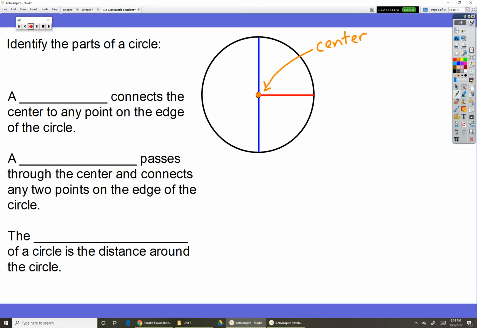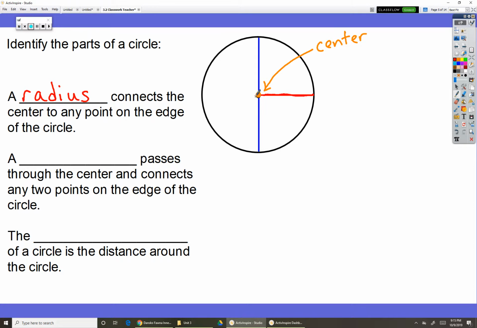Let's take a look at this description. A blank connects the center to any point on the edge of the circle. So this red segment connects the center to a point on the edge of the circle. The name for that segment is a radius. A radius connects the center to any point on the edge of the circle. There's an unlimited amount of radii.